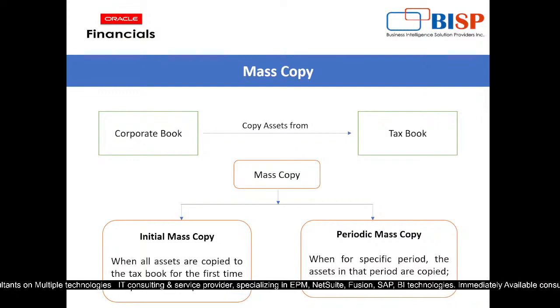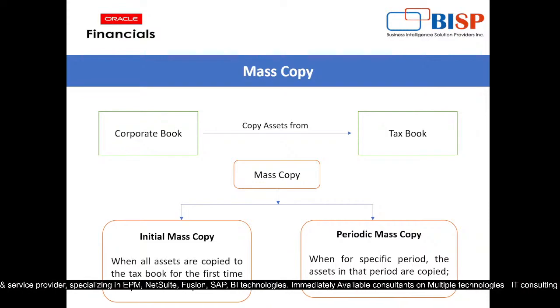Initial mass copy is when we are transferring our assets for the first time from our corporate book to the tax book, and here there is no period. We need not mention any period here. But periodic mass copy is a regular exercise where we copy the assets from our corporate book to the tax book for a specific period.